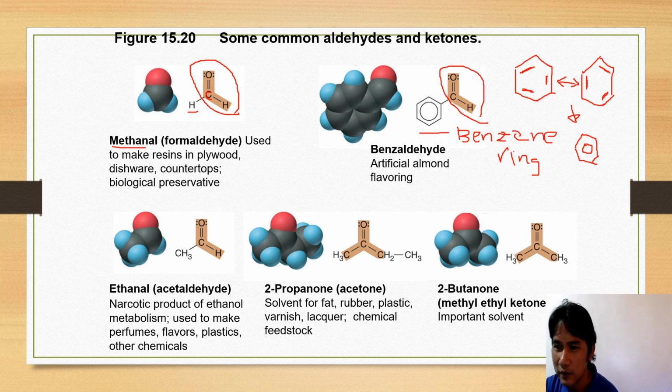By the way, 2-propanon must be this. And this is the 2-butanon. I just put an arrow so that you will not be confused. 2-butanon, buta, 4 carbon atoms.